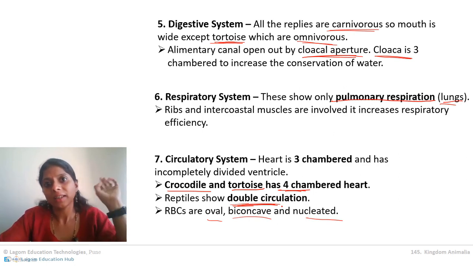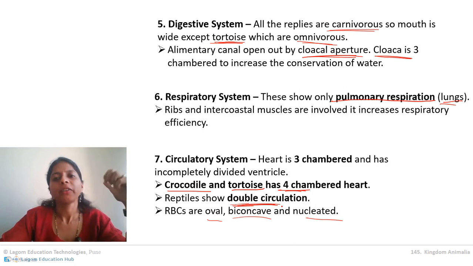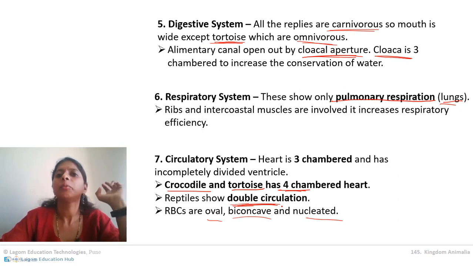See, 7 characteristics we have discussed so far. The first one is about its scale. You need to remember scute. The second characteristic we discussed is about its digestive system. You need to remember cloacal aperture, cloaca, conservation of water, etc. Then you need to remember about its skeleton, atlas as well as axis are present, movable neck.